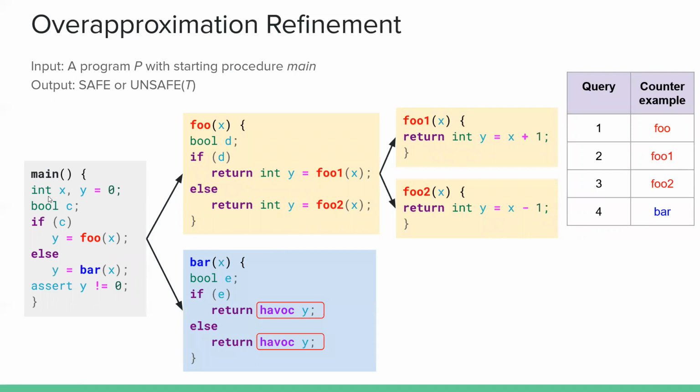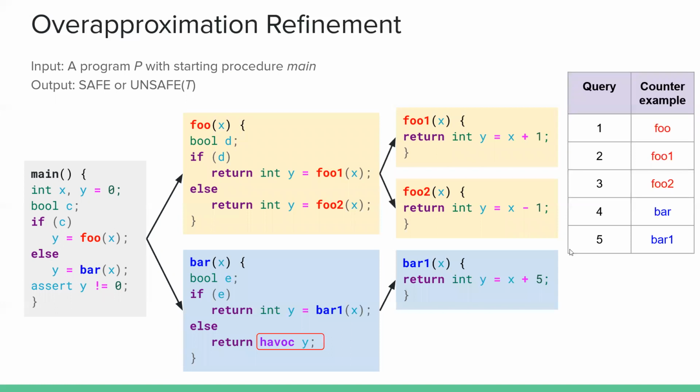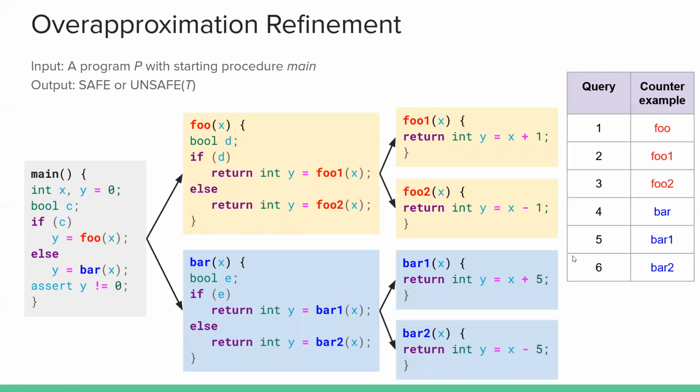Similarly, the next counterexample trace will go through bar, therefore we inline bar, and then we inline bar1, and then we inline bar2. In the last query, whenever we fire an over-approximation query, there exists no counterexample trace. Therefore, we say that the query is unsatisfiable and the program is safe.